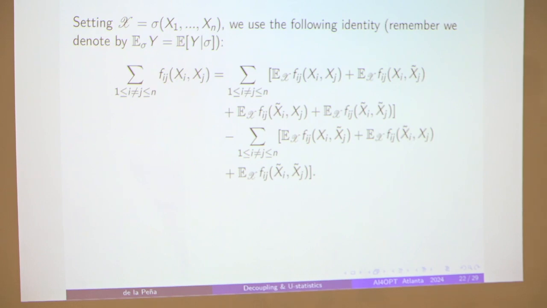So we have this identity. Suppose that I let script X be the sigma field generated by the x's. Then this sum is going to be equal to, by using addition and subtraction, what is this expectation? Expected value of f sub ij of xi xj given x.